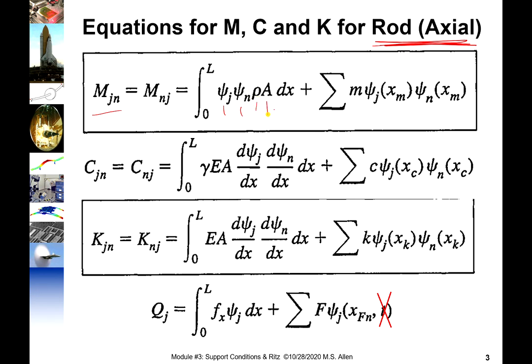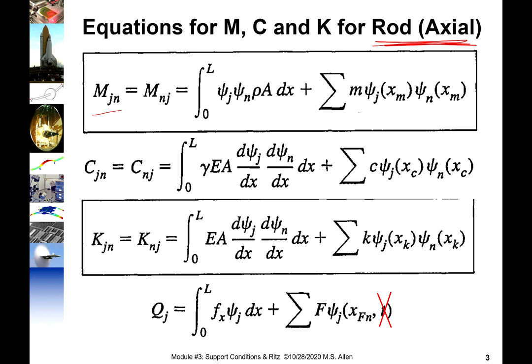We have the density and the area, and then we have to integrate from 0 to L, right? So we can plug in here and we can calculate. We just have to evaluate some integrals and we can get those terms, right?